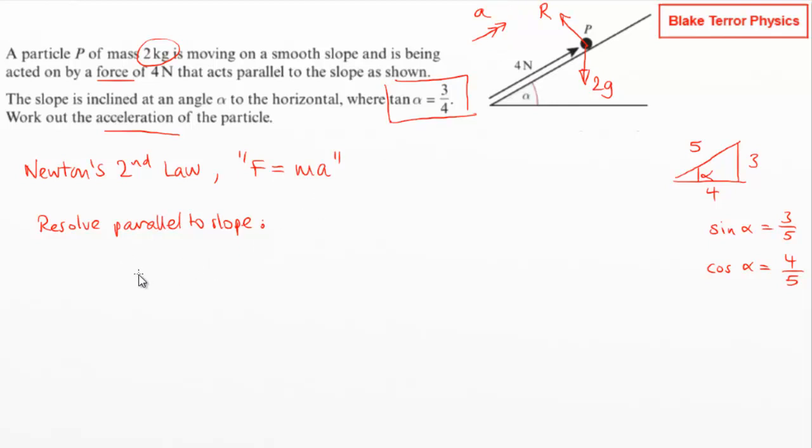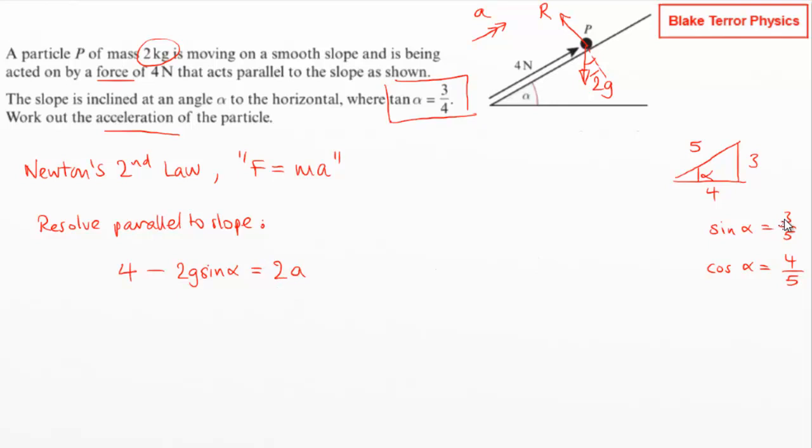So going up the plane, we've got 4, and coming down the plane, we're going to subtract it because it's going in the opposite direction. This angle alpha is coming in here. So we want this component going down the plane, that is going to be 2g sine alpha. And that is going to be equal to our mass, which is 2, times the acceleration.